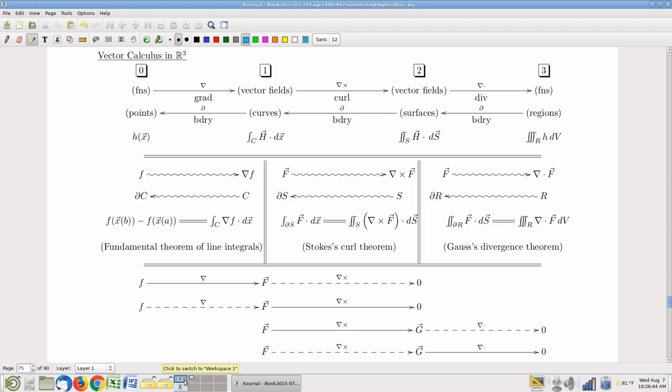If, for example, we're looking at a line integral of a vector field, if you get 0, there's an anti-gradient. You can use the fundamental theorem of line integrals. Okay. If your curve is a boundary, let's suppose it's a boundary of some surface, well, then you can use Stokes' curl theorem.